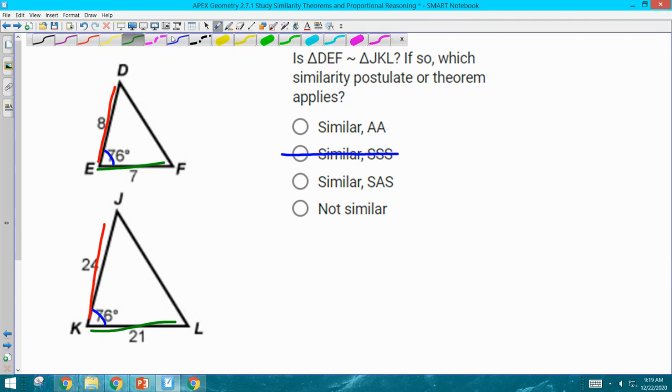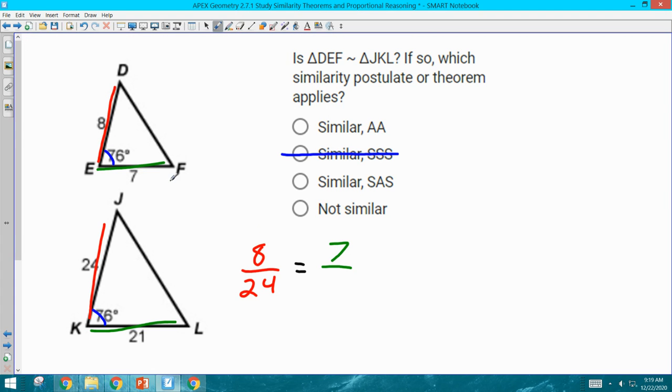All right, so let's set up those two proportions. So that's 8/24 equals, again, the smaller triangle would be 7, and the bigger triangle would be 21. Now I could sit here and cross multiply, but those are kind of big numbers to cross multiply in my head.